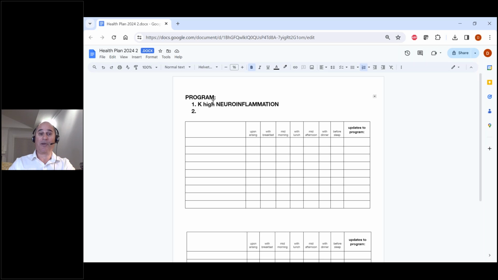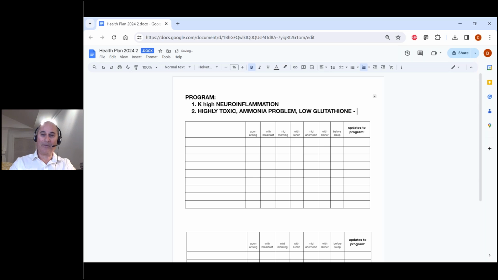So there's some neuroinflammation, and then what do we say? Oh, that pyroglutamic acid was super high, so highly toxic. They have an ammonia problem and low glutathione.